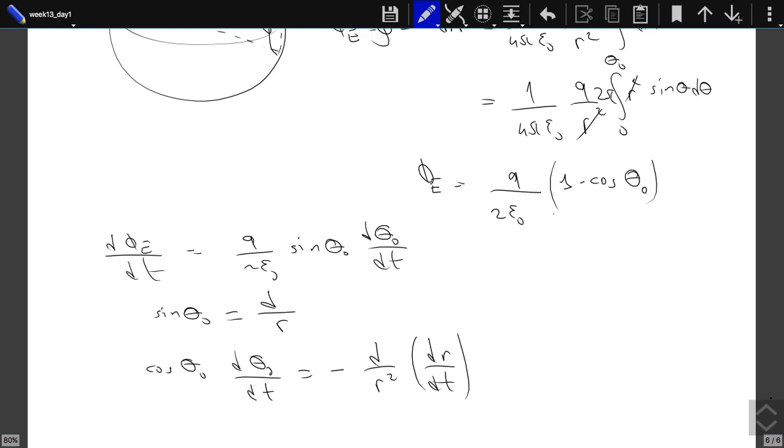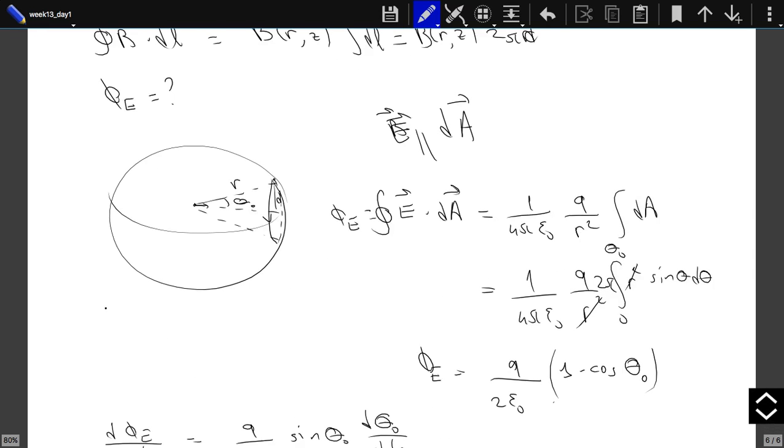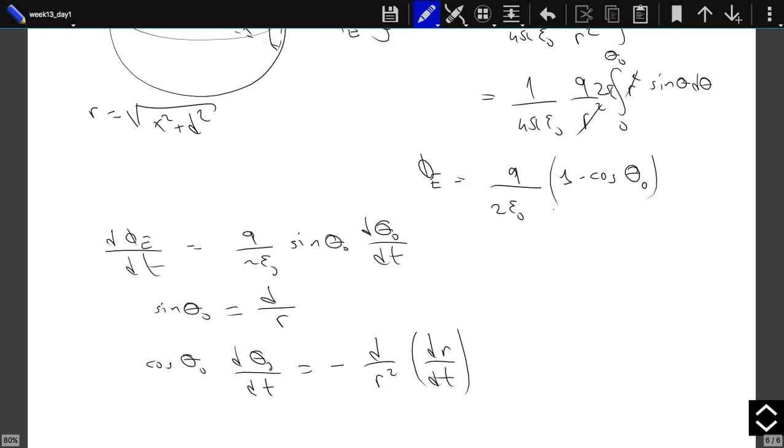But we know that r, let's say this distance is x, is the square root of x squared plus d squared. Now here I started with sine theta 0 equal to d over r, took its derivative, and I got this one.